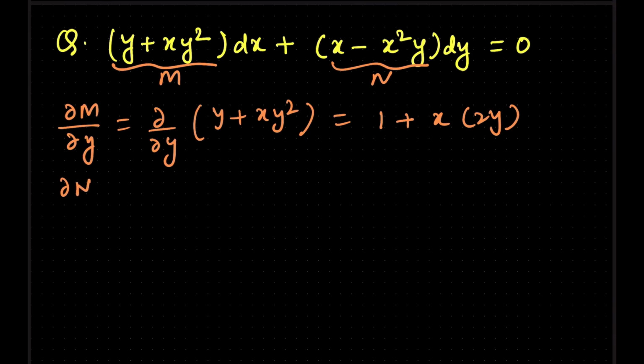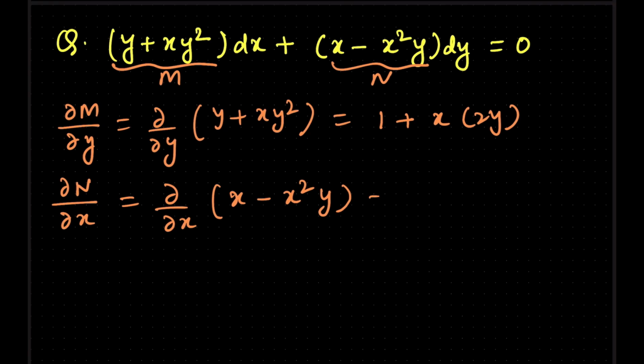Similarly, finding ∂N/∂x, N is x − x²y, so you will get 1 − 2xy. You can clearly see that ∂M/∂y is not equal to ∂N/∂x, so it is a non-exact differential equation.